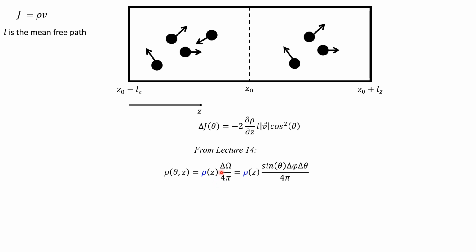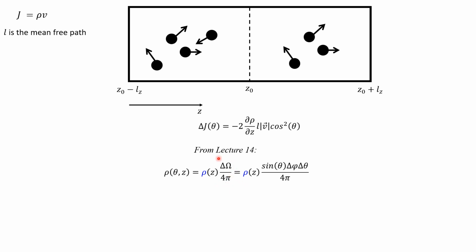Now this term here is the total concentration, and this term, where omega is a solid angle, is the fraction of the total concentration of particles whose velocities are traveling with an angle theta within a small variation of the solid angle. So we derived this fraction in lecture 14, and recall that 4 pi is associated with the fact that the area of a sphere is 4 pi times r squared.